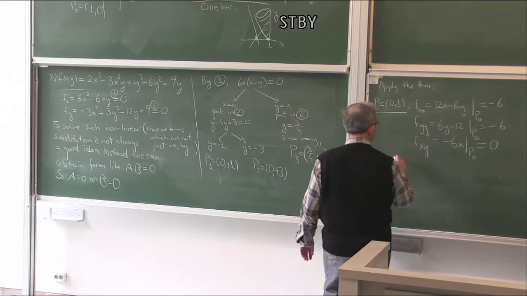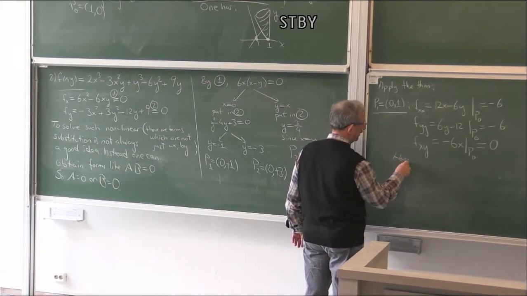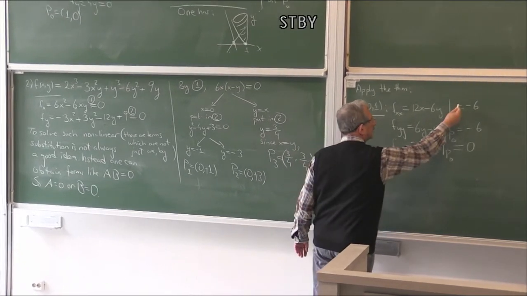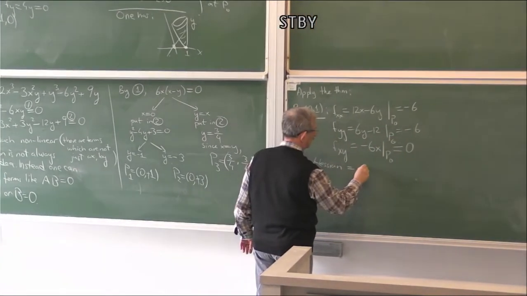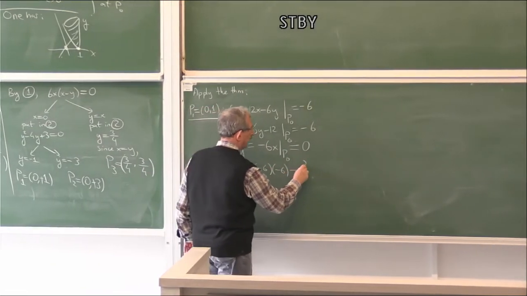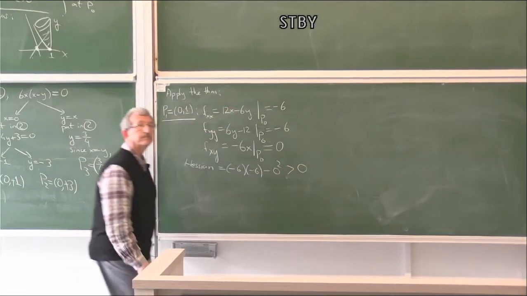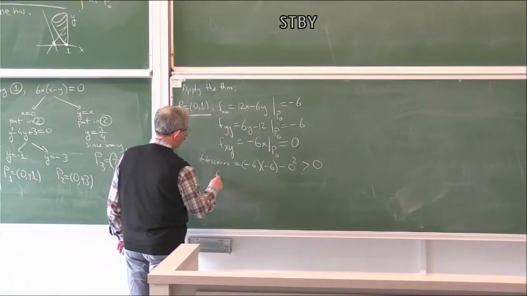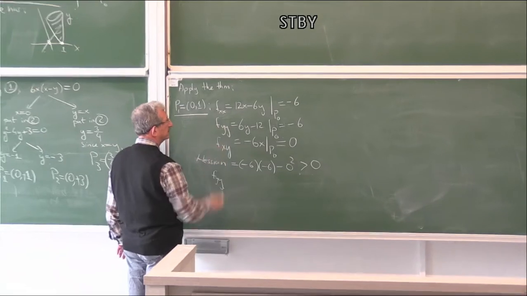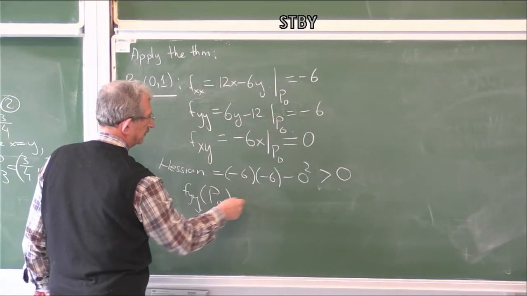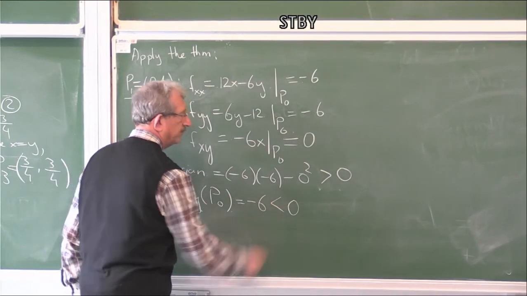So this says that the Hessian for this point is the product minus 0 squared, so it's positive. On the other hand, f sub yy or xx, doesn't matter, at P0 is minus 6, so negative.